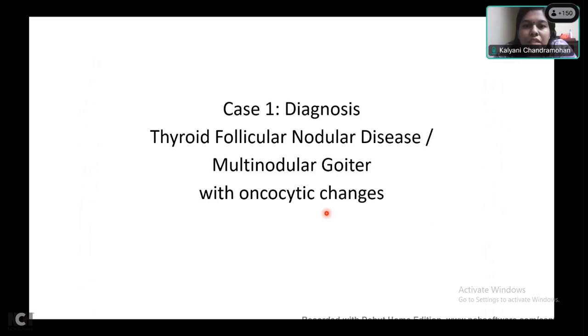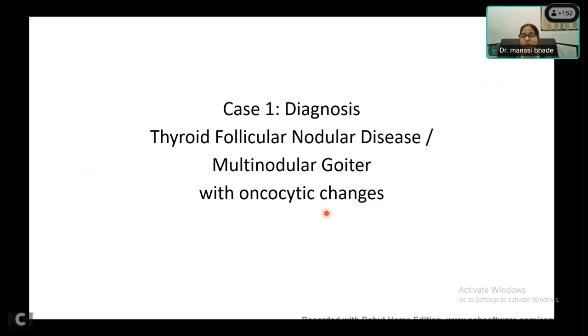In the recent classification, it comes under benign follicular cell derived neoplasms of the thyroid. Under that, follicular nodular disease is included for the first time, which was never included before. Is that clear to you? Yes, ma'am.